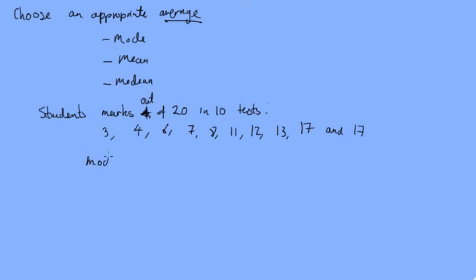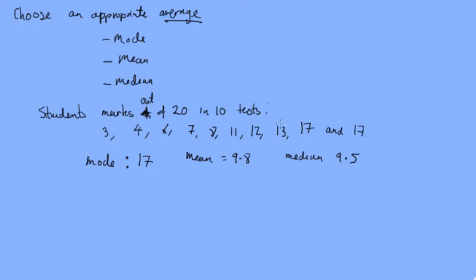So the mode is 17. The mean is 9.8 and the median is 9.5. So mode is the value that occurs the most times, so there's 2 17s. The mean is what you get when you sum them all together and divide by 10, you get 9.8, and the median is the value that splits the data set in half.